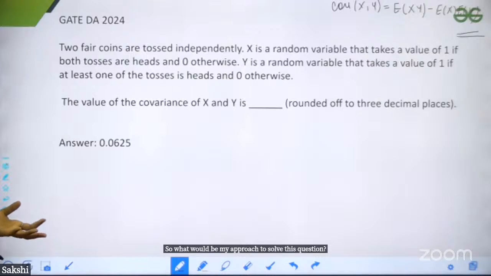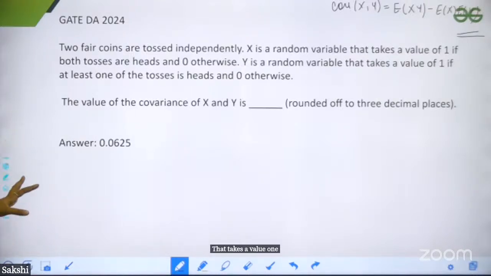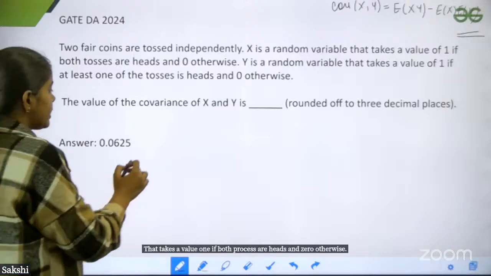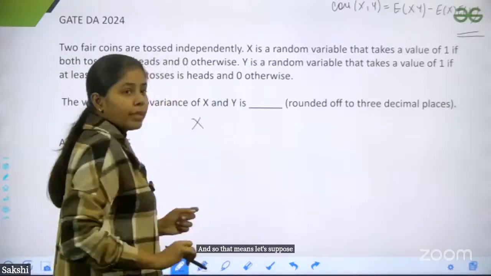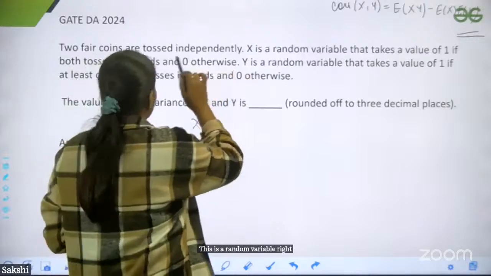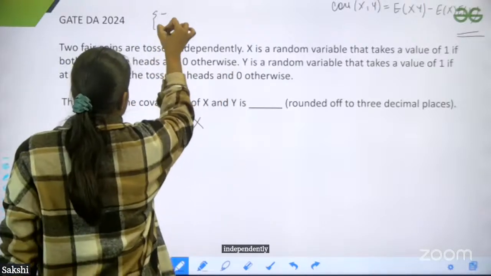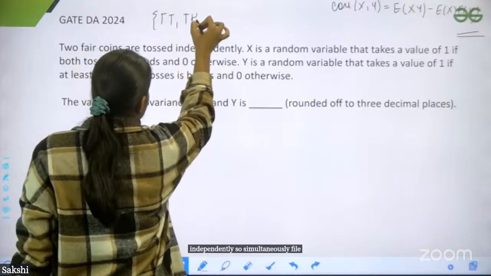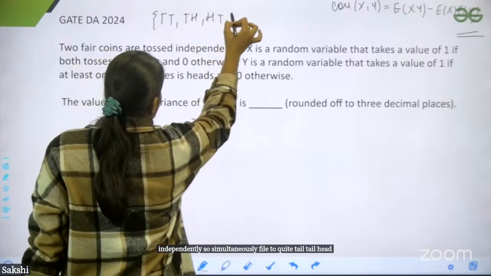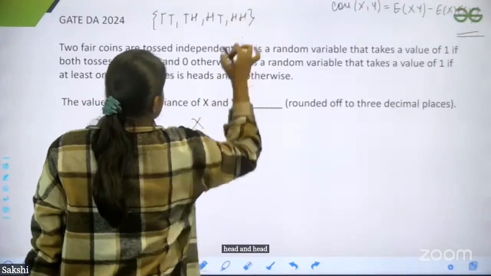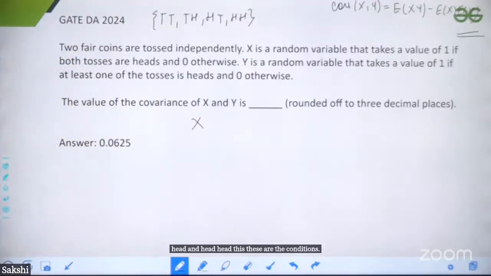They are saying that x is a random variable that takes a value 1 if both tosses are heads and 0 otherwise.